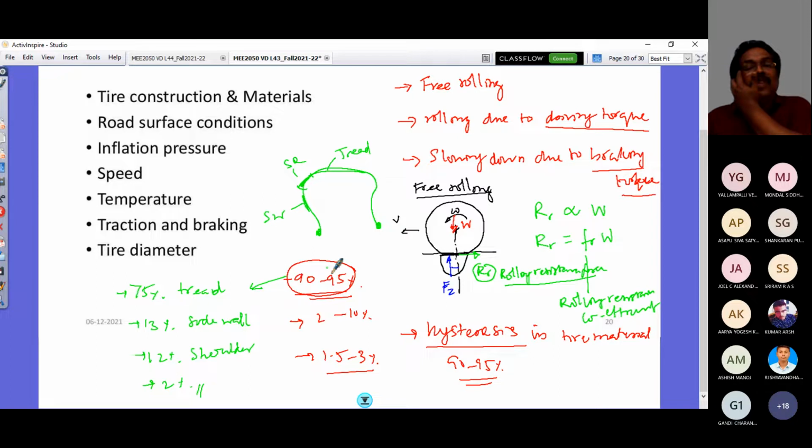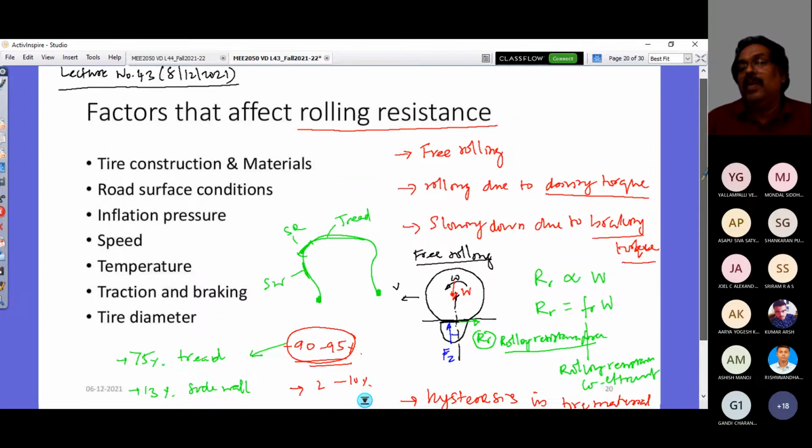So of this 90%, the primary source of rolling resistance is the hysteresis of tire material, and the tread and sidewall deflection during rolling action is what is responsible, right? We are also going to look at some case studies on these factors that affect rolling resistance. The first factor is tire construction and material, which we discussed now.